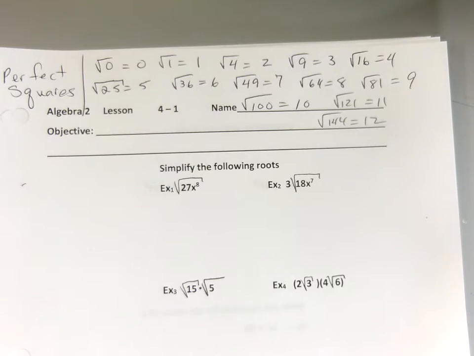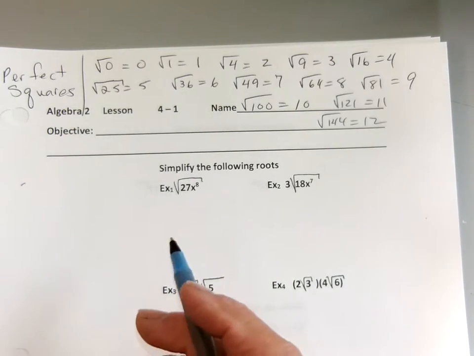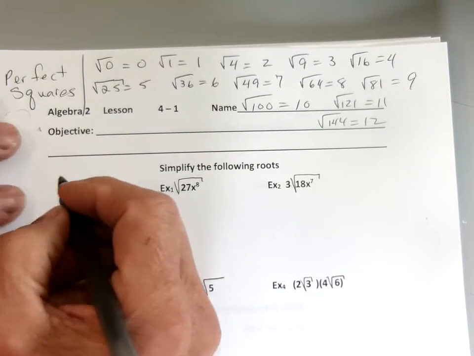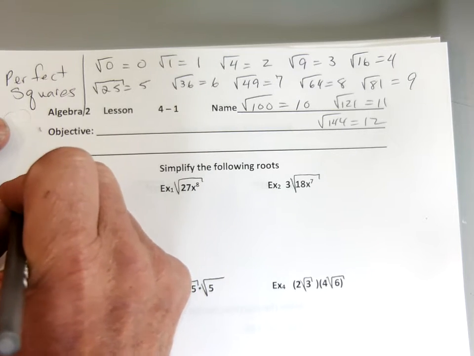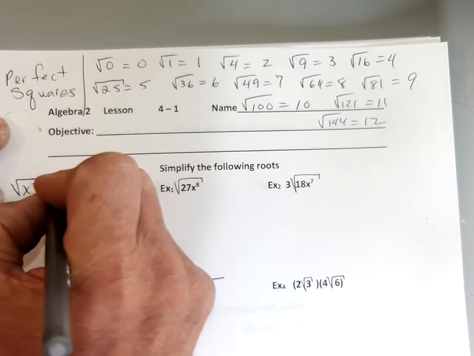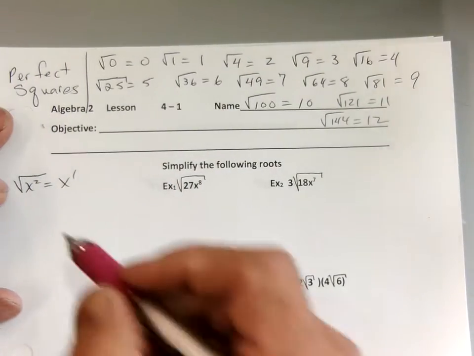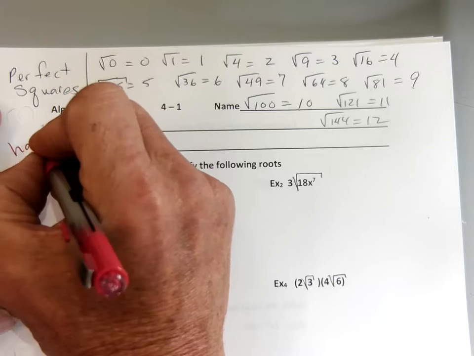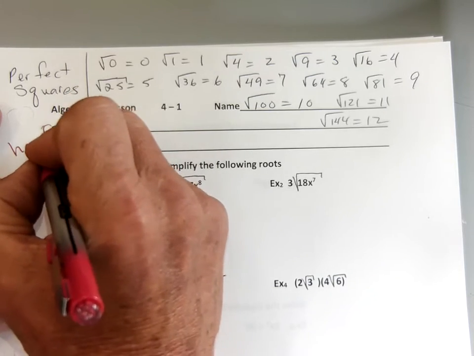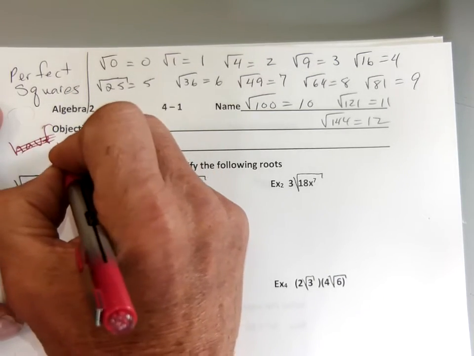Now, we can do the same thing with exponents, okay? So the square root of x to the second is x to the 1, because what you're going to do is take half of the exponent.